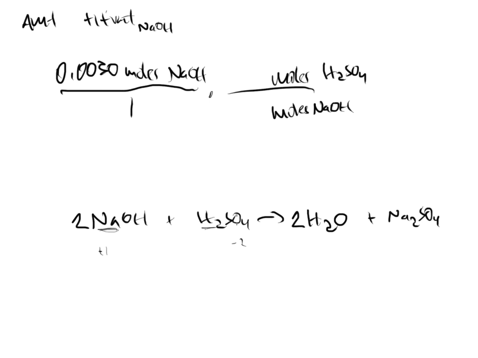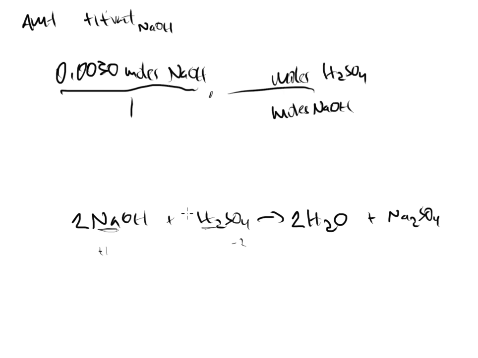and then I look at my sulfate group. My sulfate group, I can look at this all together because it stays together. SO4 on the left, and there's SO4 over on the right-hand side. So at this moment, everything is balanced. My coefficients are present. I'm good to go. But if I need to finish this titration calculation, 0.0030 moles of NaOH is what the titration required.